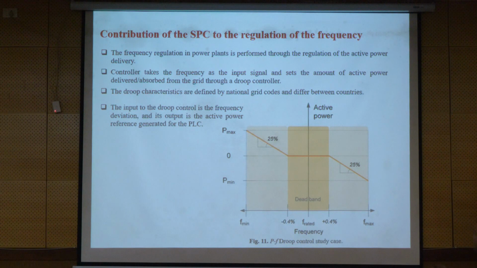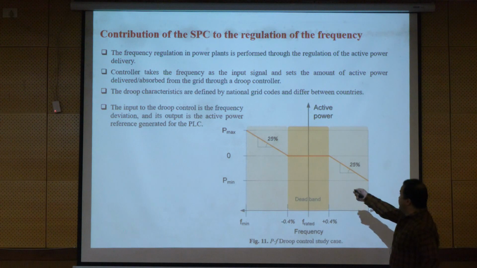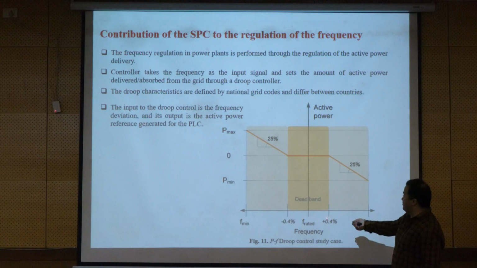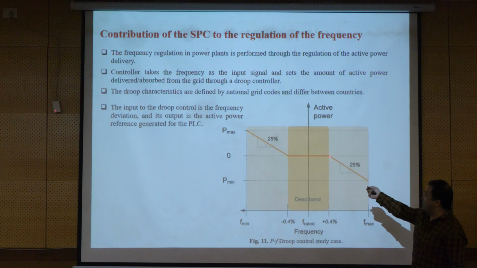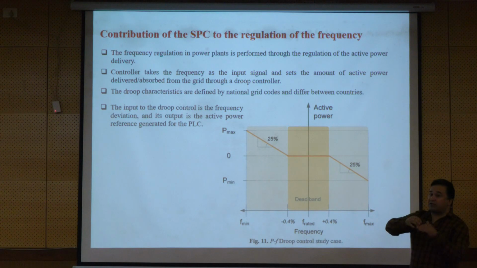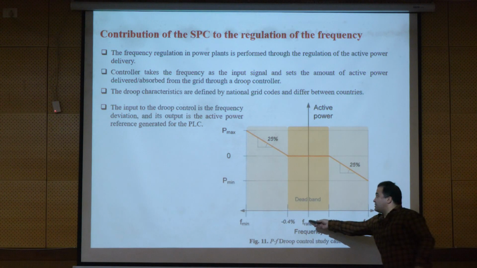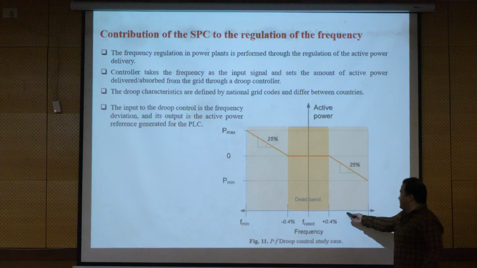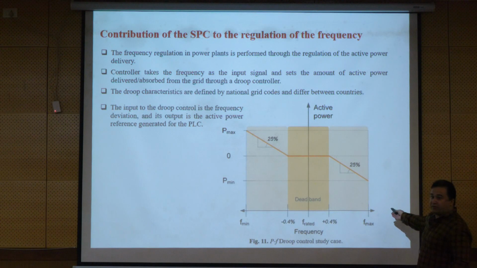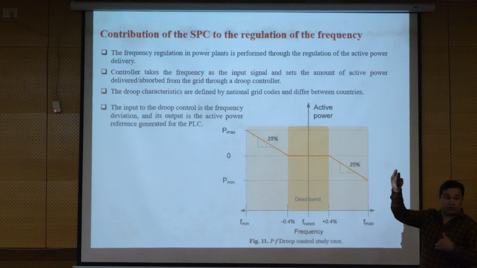So for example, here we see that the frequency passes this 0.4%. When it passes, it means that the frequency goes higher. So now it's 50 hertz, it goes to more than 51, 52, 53 like this, okay? So it means that we need to reduce the active power. If we increase it like this, the frequency increases more.